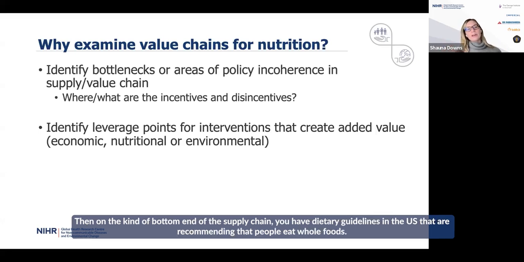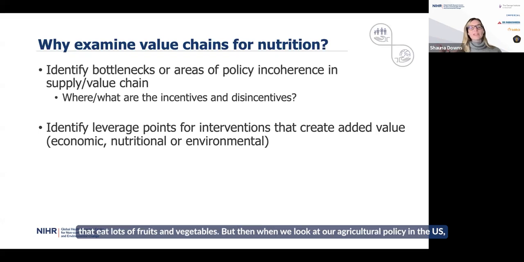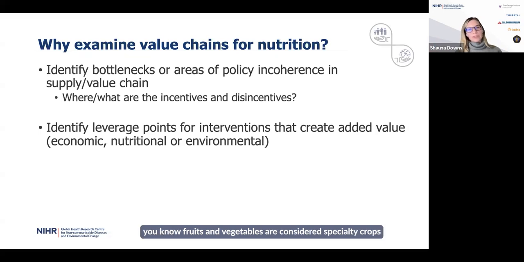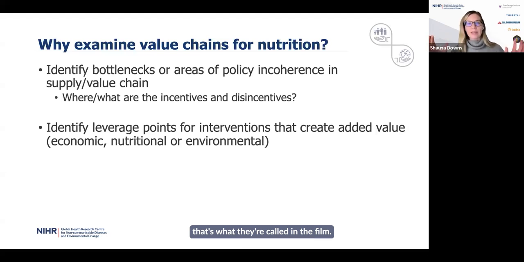Then on the bottom end of the supply chain, you have dietary guidelines in the US recommending that people eat whole foods, lots of fruits and vegetables. But when we look at our agricultural policy in the US, fruits and vegetables are considered specialty crops. That's what they're called in the Farm Bill, which is the big agricultural policy in the US.